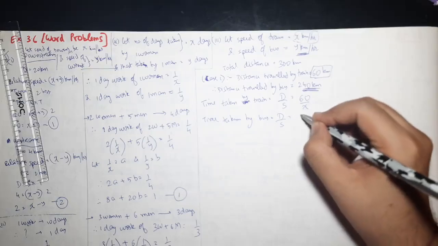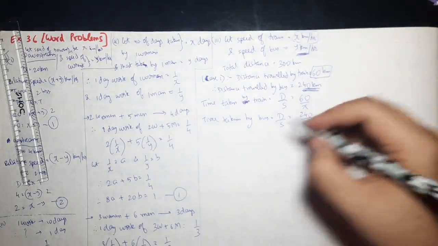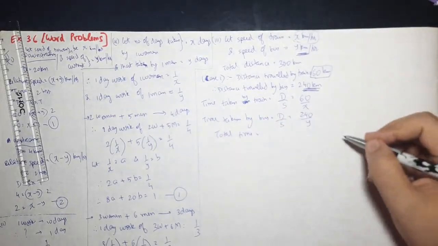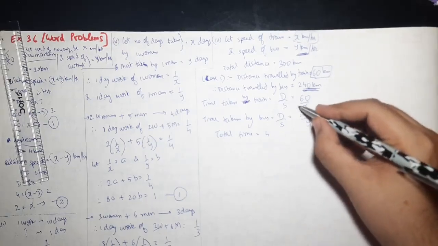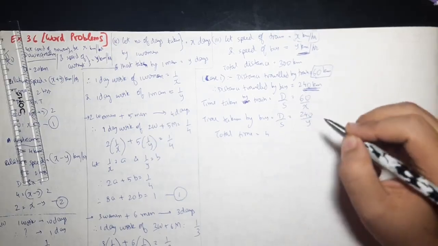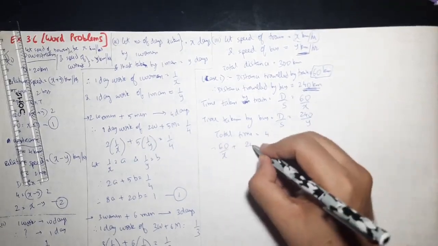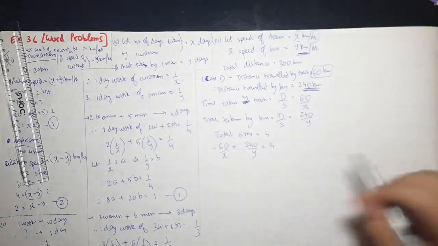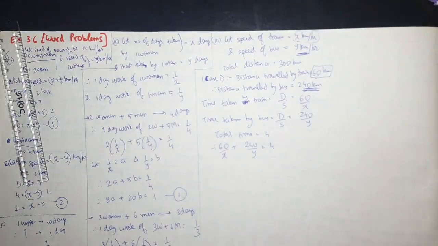Again, distance upon speed, that is 240 by y. Total time for this journey is 4 hours. So 60 by x plus 240 by y equals 4. Am I right?